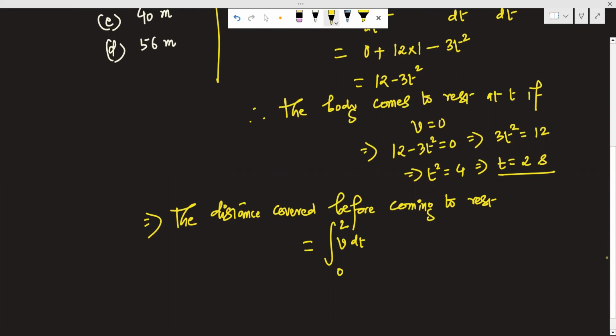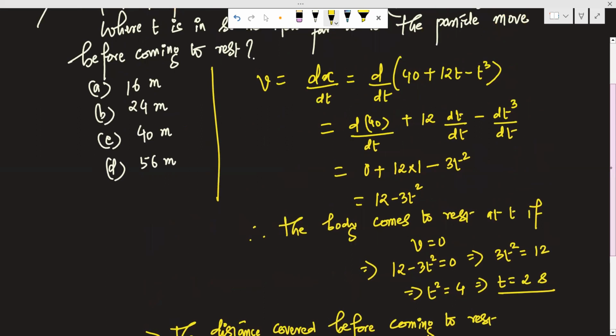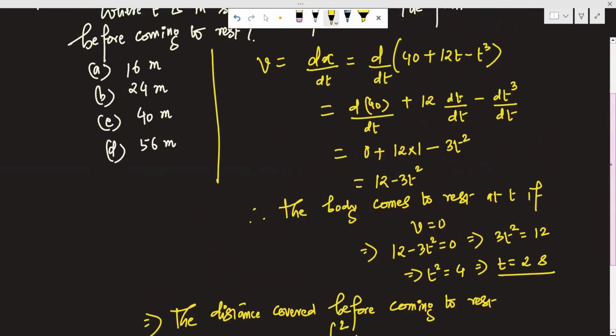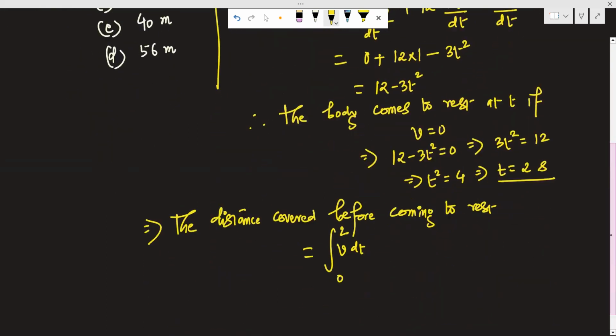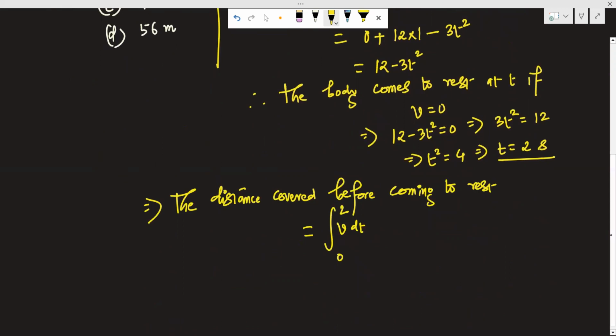Okay? Or you can already put in the value of x also, x at 2 minus x at 0, same thing, because we can understand that from 0 to 2 the velocity will be positive and after that it will be negative. It comes to rest, then it changes direction and goes further. But obviously we have to find out before coming to rest how far it moves. So from 0 to 2 only we will take.